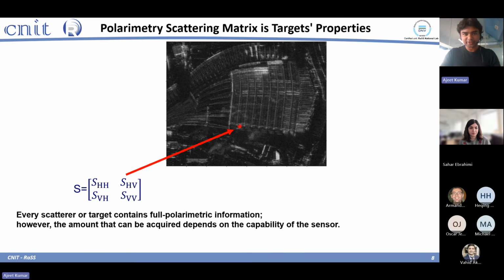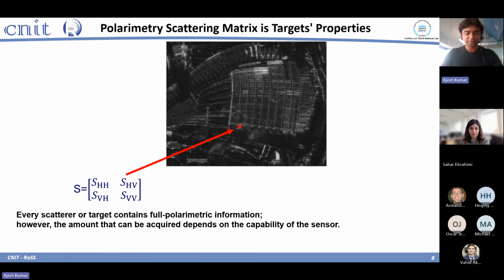I usually quote this thing, and let's talk about the same image, that every target on the ground has its full polarimetry inherent in it. It means it holds the full polarimetric information, in terms of the scattering matrix, where all the channels are there. Now it's on the capability of our system how much it can acquire from there.